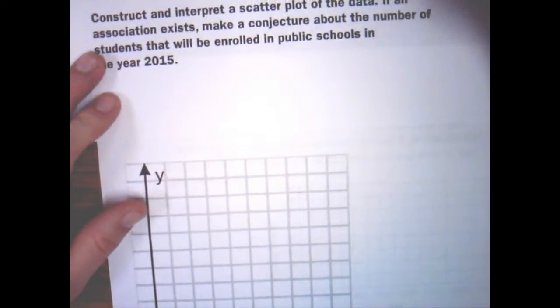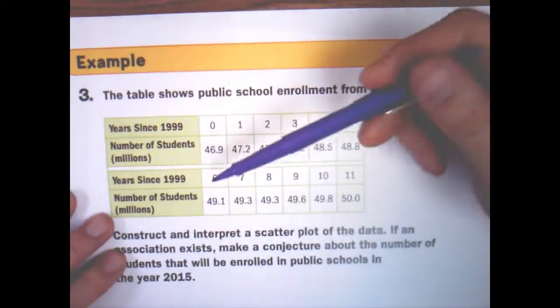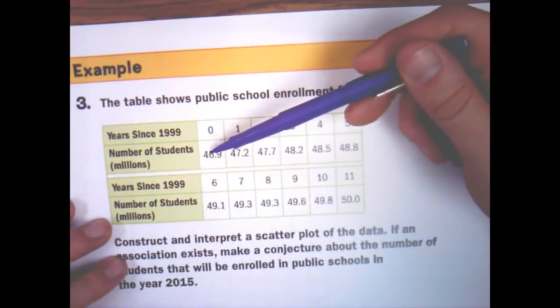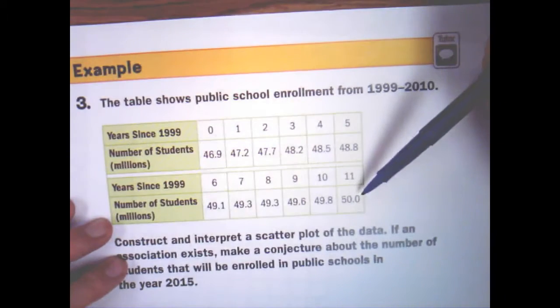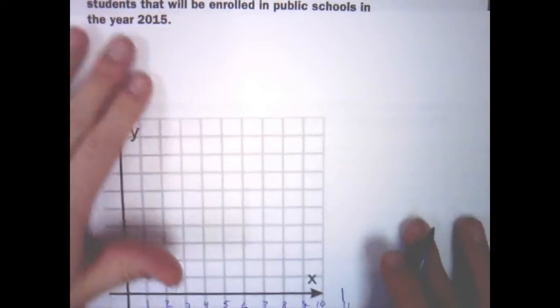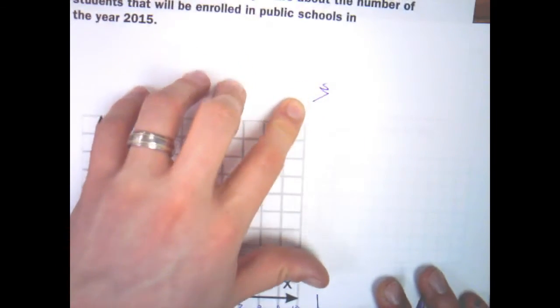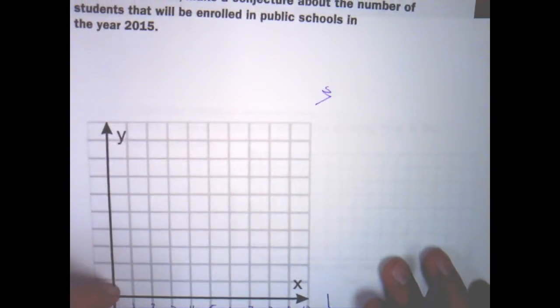On the other side, if you look at our data here, it's really tight between 46.9 and 50. So one of the things we don't want to do is make a broken graph. Sometimes you'll see a little zigzag mark at the bottom of a graph, and then they'll just skip right to 40.